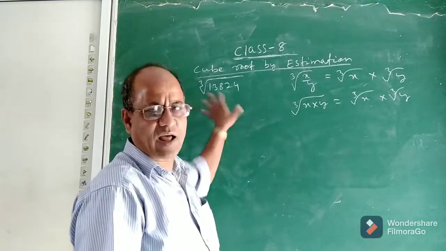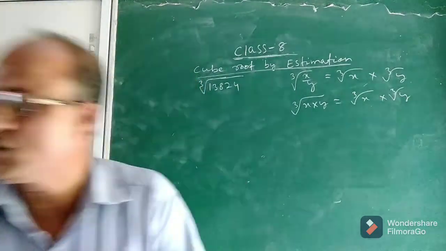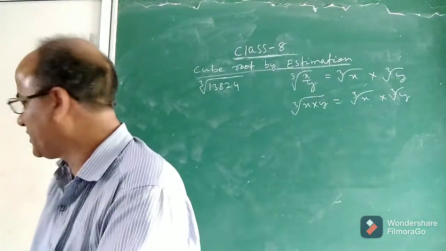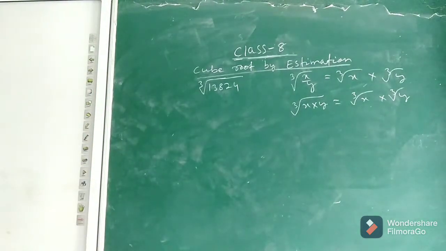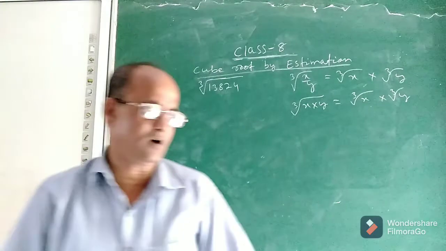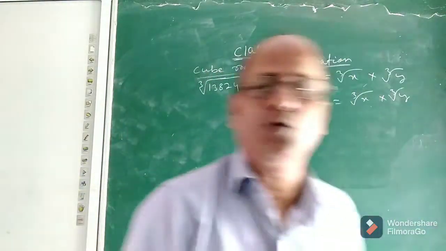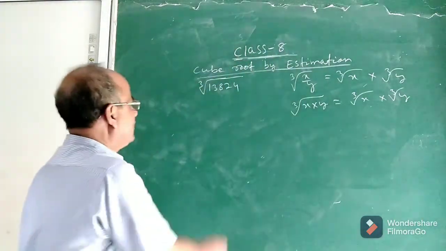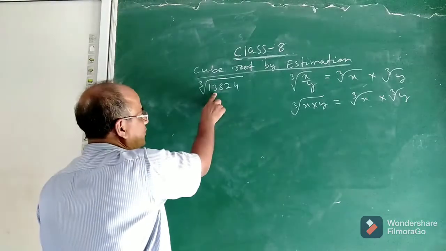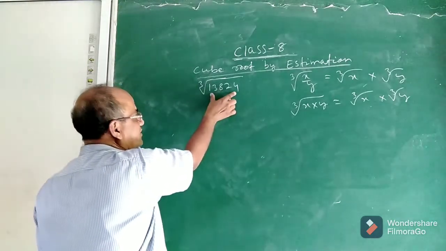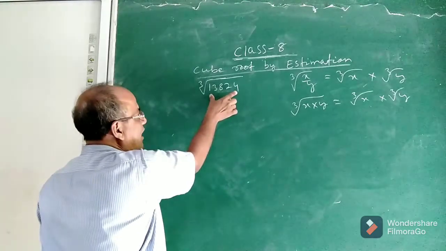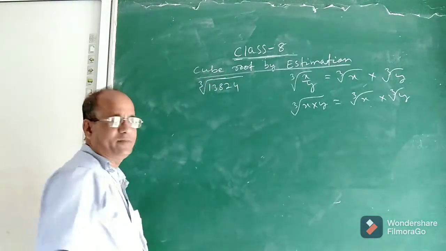Today we will discuss the last method of finding cube root, which is known as the estimation method. So what is the estimation method of finding cube root? Let us take a number, suppose 13,824. This is no doubt a perfect cube. Now how to find its cube root by estimation method?